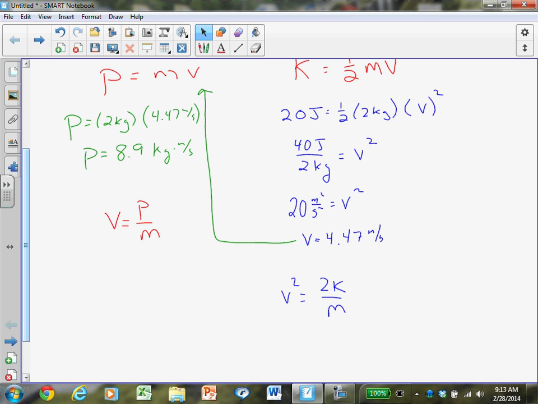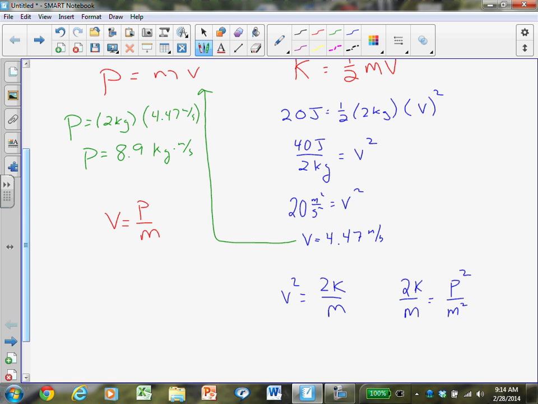So 2K over M equals P squared over M squared, because if V squared is this and V is this, then I could combine momentum with a little energy.